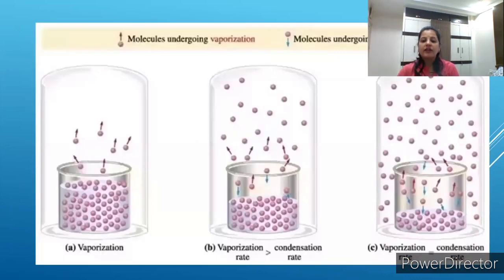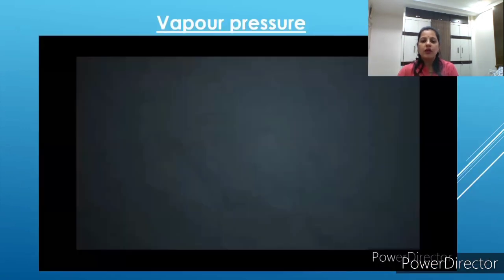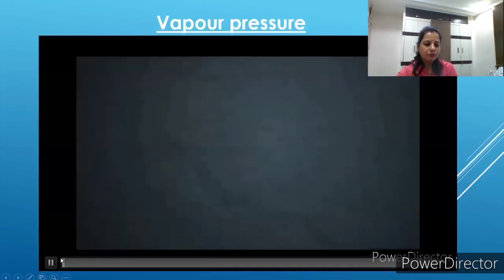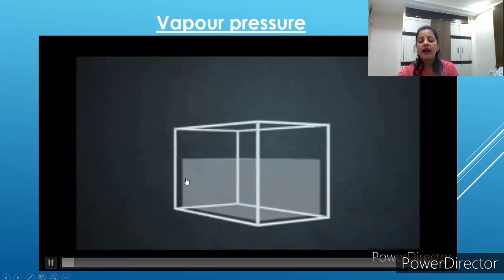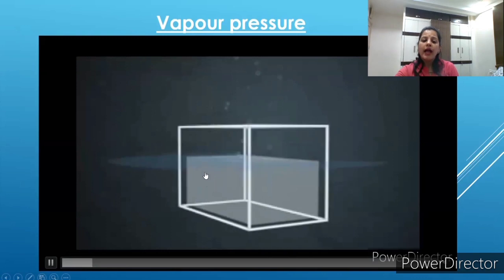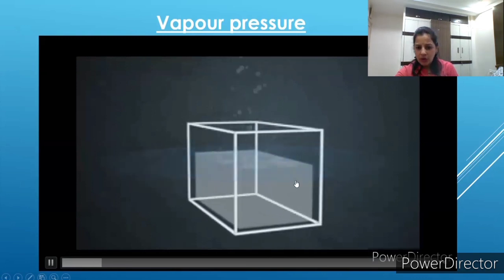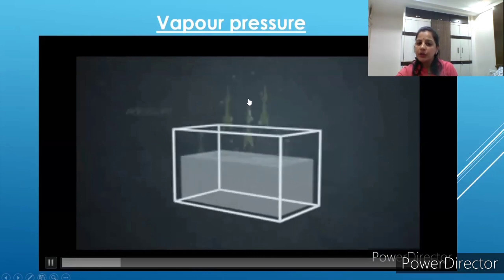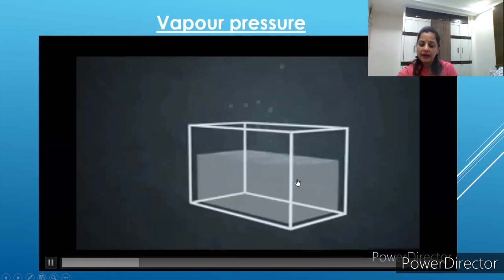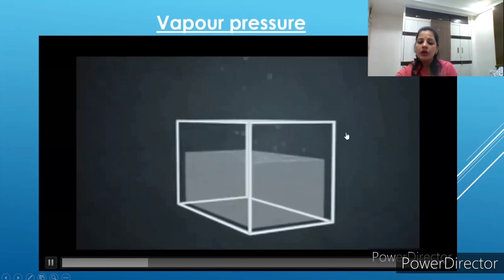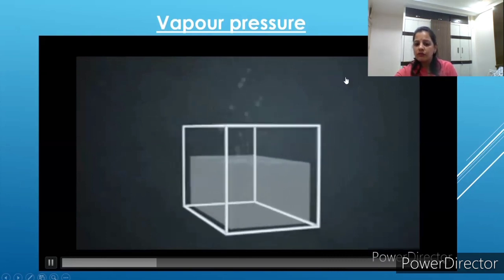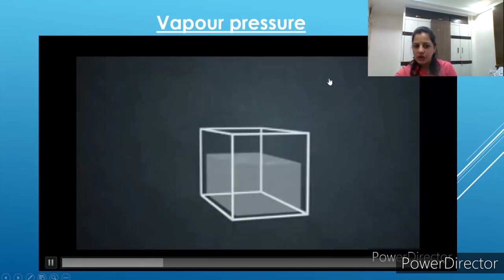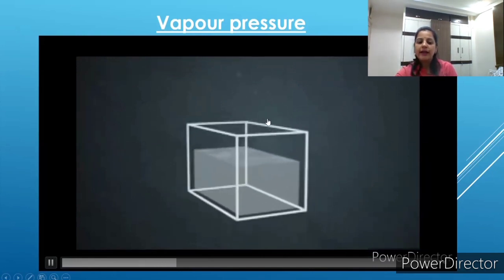So let us understand vapor pressure through one beautiful video. Here I have taken a container in which I have taken water. The water molecules over the surface will get converted into the gaseous phase, into vapors. These gas molecules can move here and there.